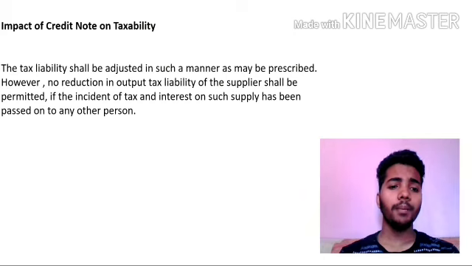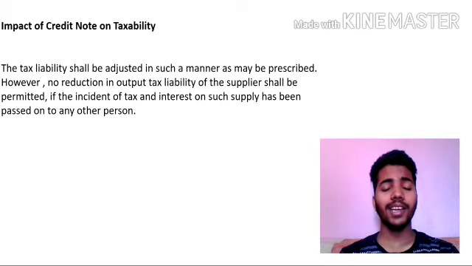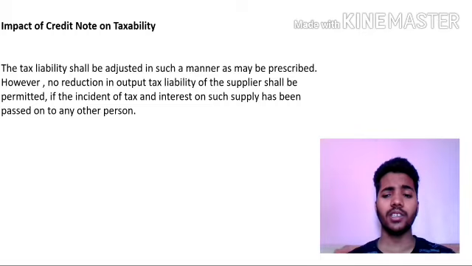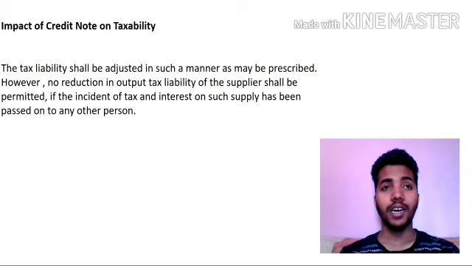So guys, what will be the impact of a credit note on taxability? There are some rules and regulations specified under the GST Act. According to the provisions of the GST Act, the adjustment of the tax liability shall be made in such manner as may be prescribed under the rules and provisions of the GST Act.